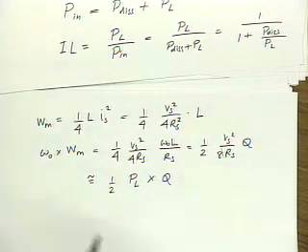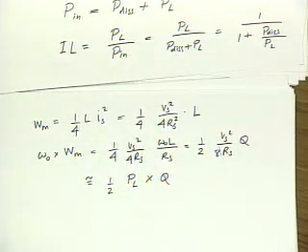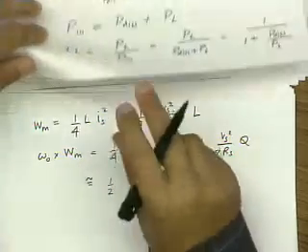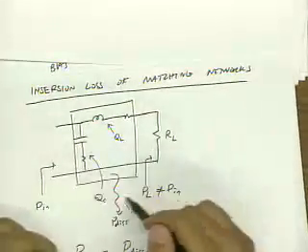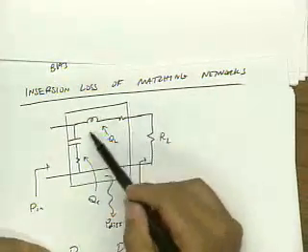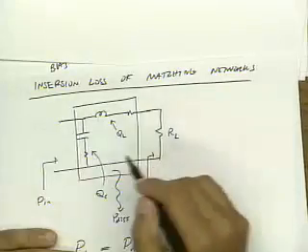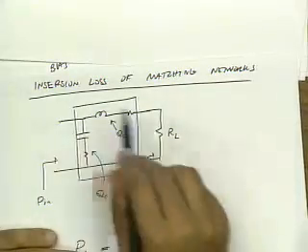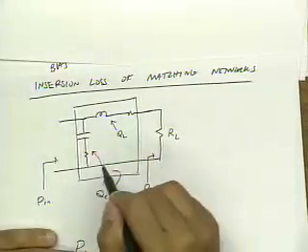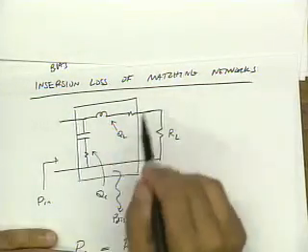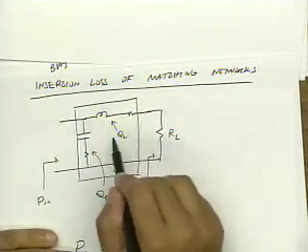So let me just back up and explain the calculation here. I want to find out how much power is stored in this circuit, right? The only places I can store power is in this inductor and in this capacitor, right? So once I have current flowing in this system, I know how much current is going through this inductor, therefore I can find the magnetic energy that's stored in it.